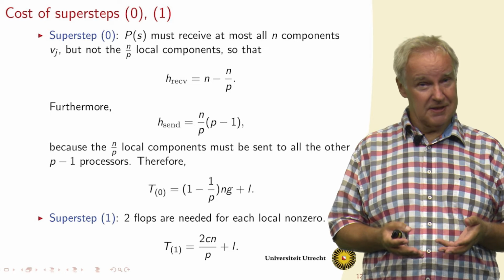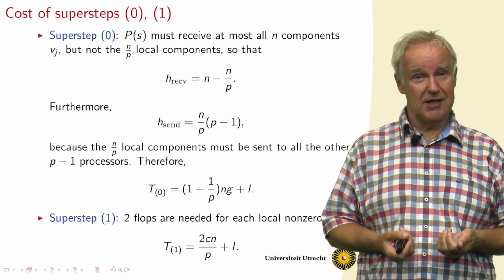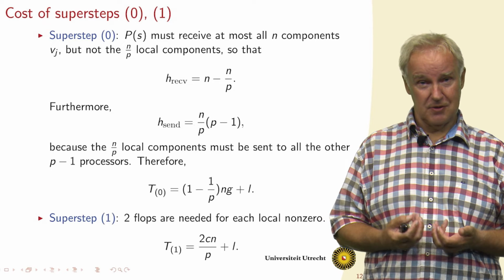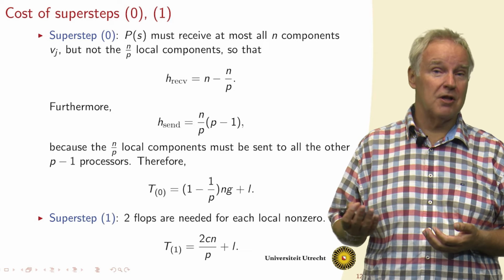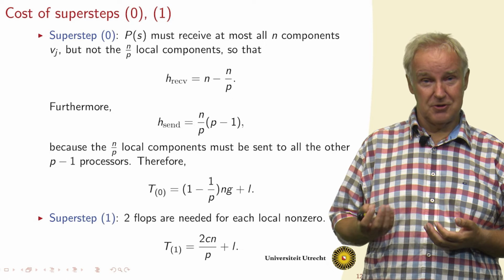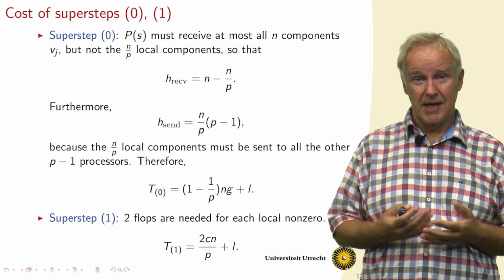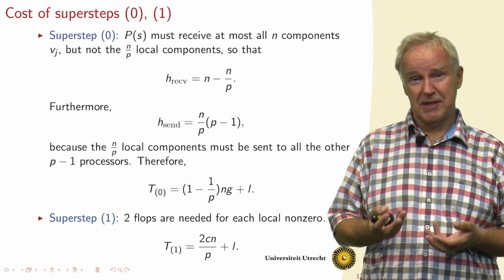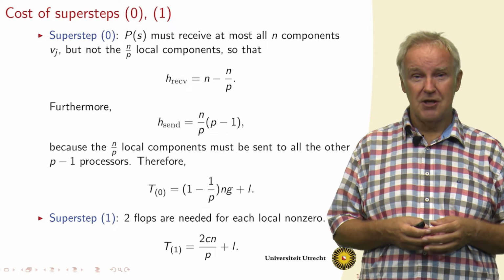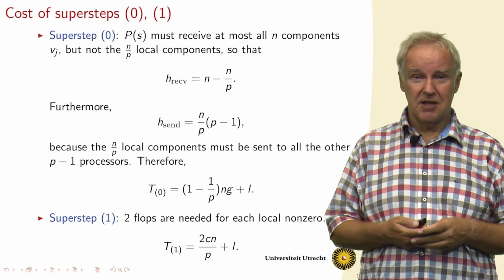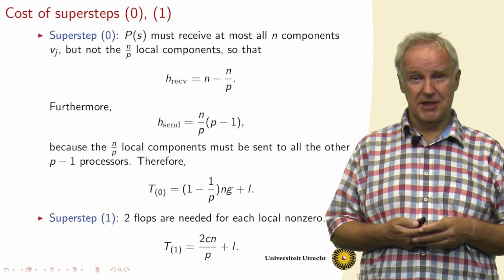What you need to send is, you have locally n over p vector components, and you have to send them, in the worst case, to all other processors, so p minus 1. And that gives actually the same expression, the sending in the worst case, as the receiving in the worst case. So t0 is a little bit less than n times g plus L.